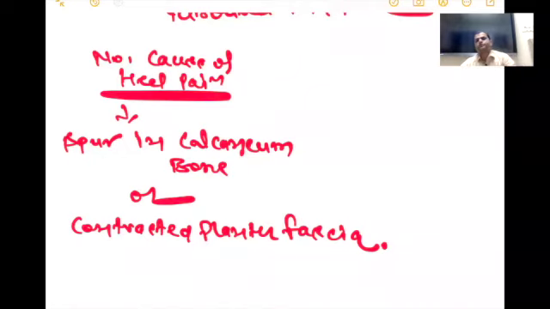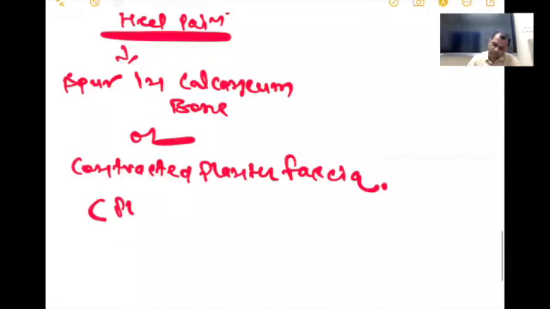So too much contraction in the plantar fascia is called plantar fasciitis.